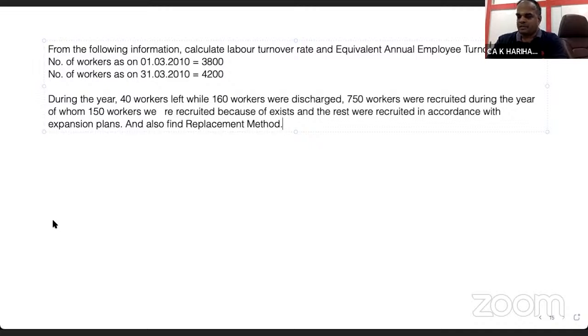Broadly 2 methods: without expansion and with expansion. Under without expansion: separation, replacement, and mixed method. Under with expansion: separation, accession, and flux method. Good.